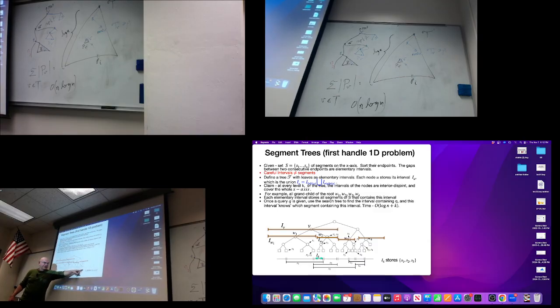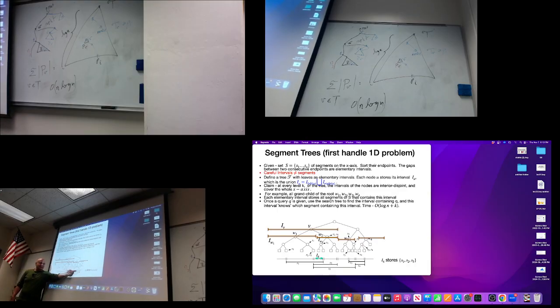I have all the elementary intervals, from one endpoint of one of the segments until the next endpoint of any other segment. That will be an elementary interval. I'll first build the tree, and the elementary intervals are just the leaves of this tree. Exactly what you'd expect.